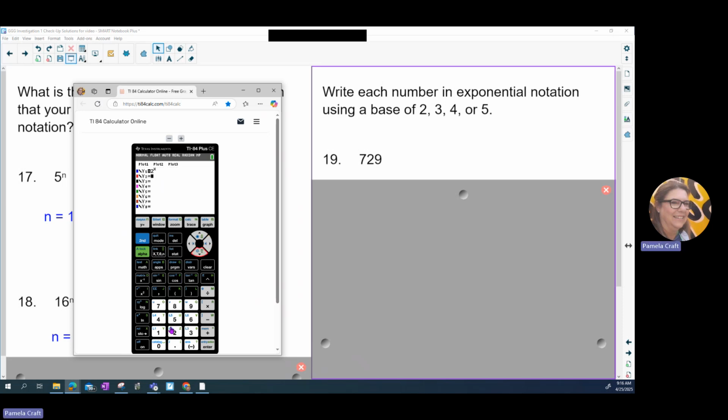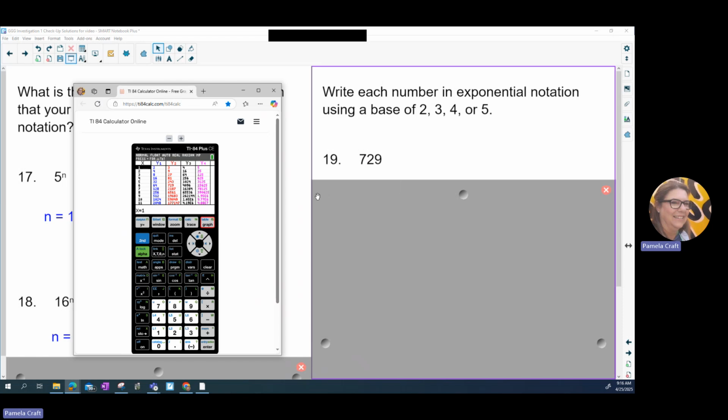So in y2, I did 3 raised to the power of x. And then 4 raised to the power of x. The last one is 5 raised to the power of x. And then I went to my table, second graph, and I'm just looking for these numbers.